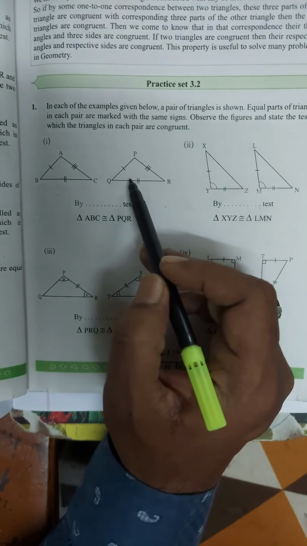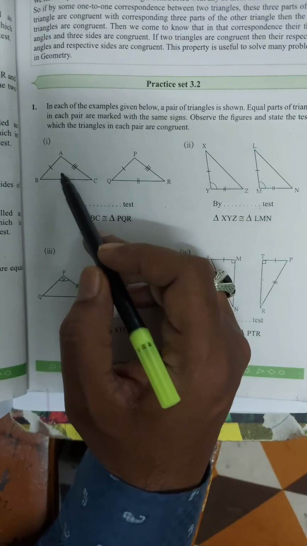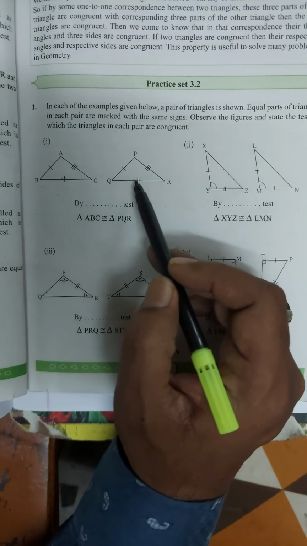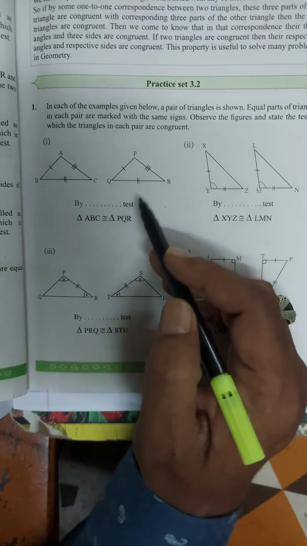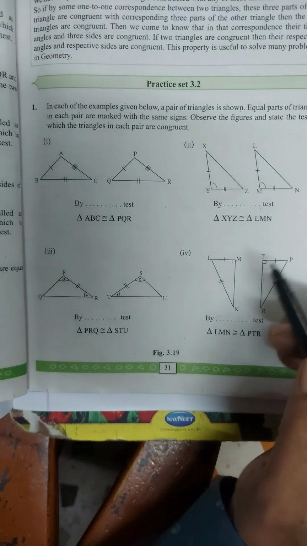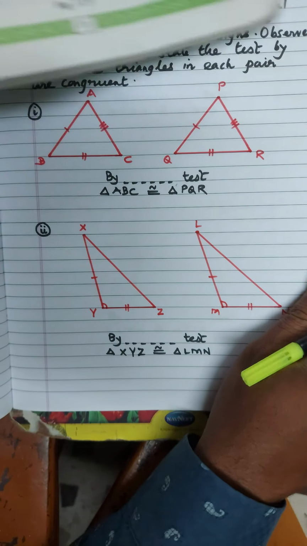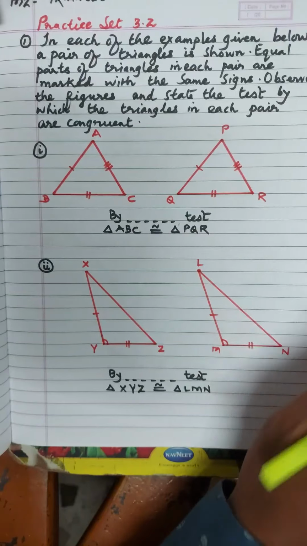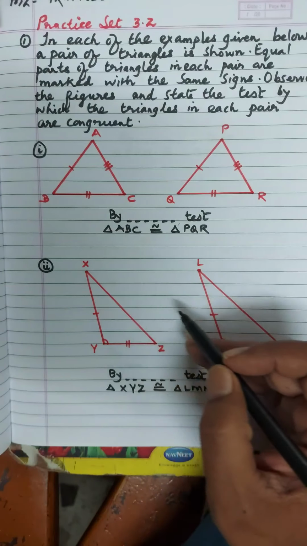You have to identify, because of their identical signs, which test applies and whether each pair is congruent or not. Okay, so some activities there. I have already written them in the notebook also.